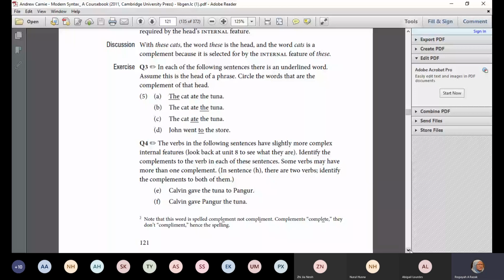Okay, and then he talks about some slightly more complex internal features. So we also discussed this, whereby ditransitive verbs have 2 arguments. So gave is a ditransitive verb, the tuna is one argument, to Pango is another argument, and then Kelvin gave Pango the tuna. In this instance, the determiner phrase, the tuna, is a complement. So it has 2 complements, which are the arguments again.